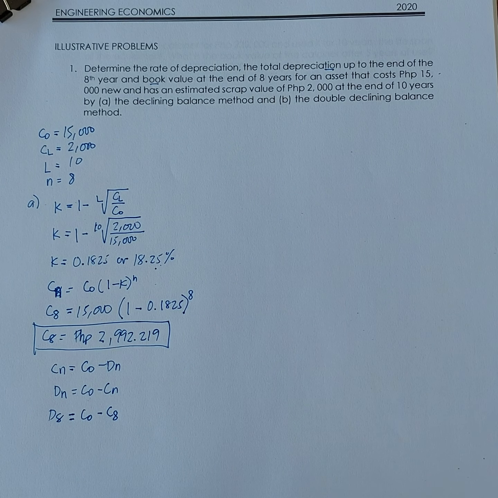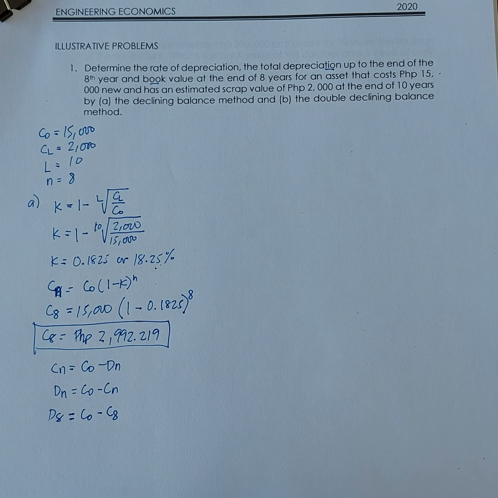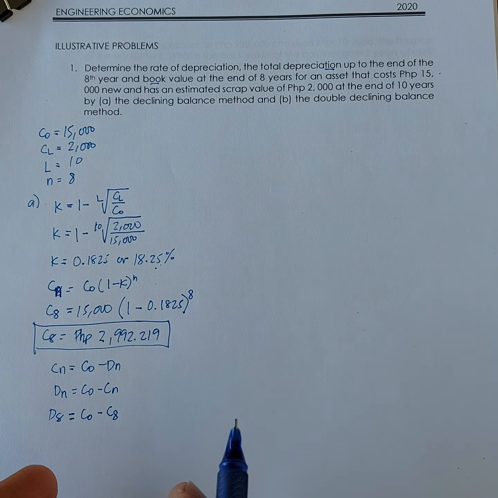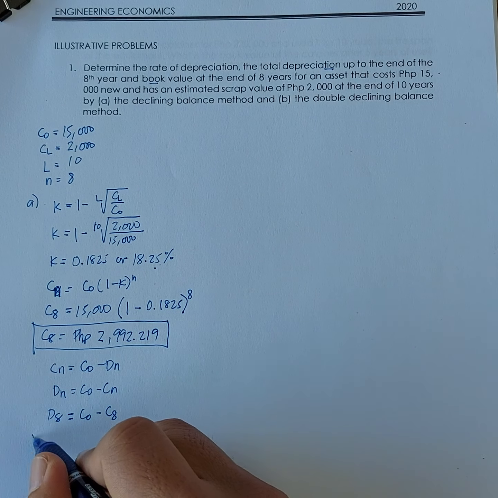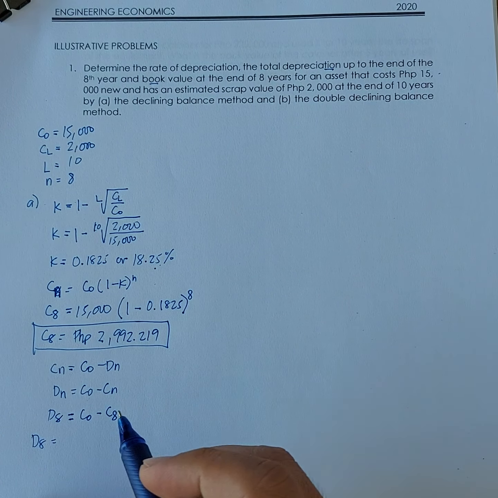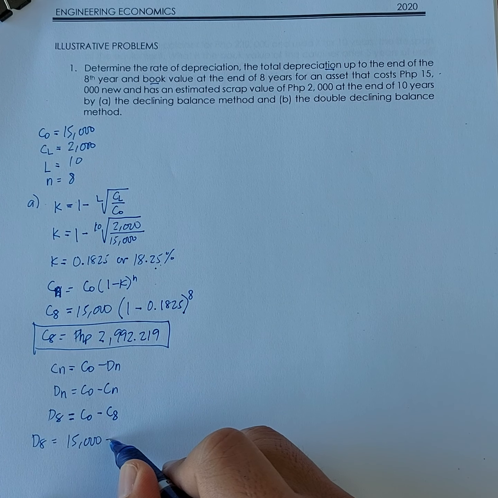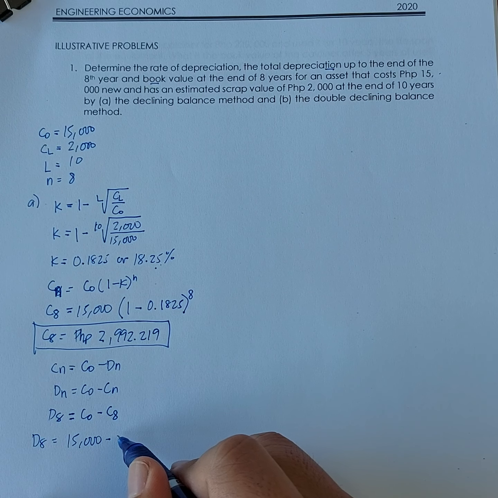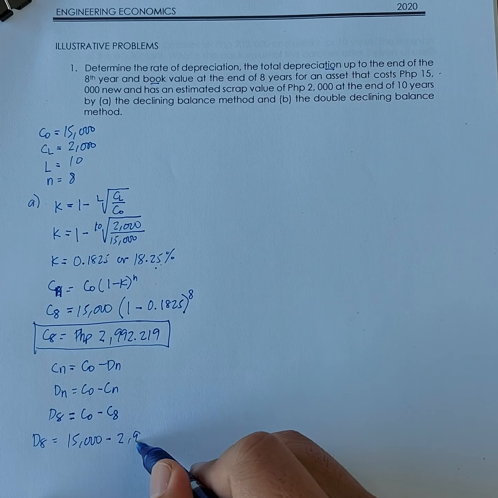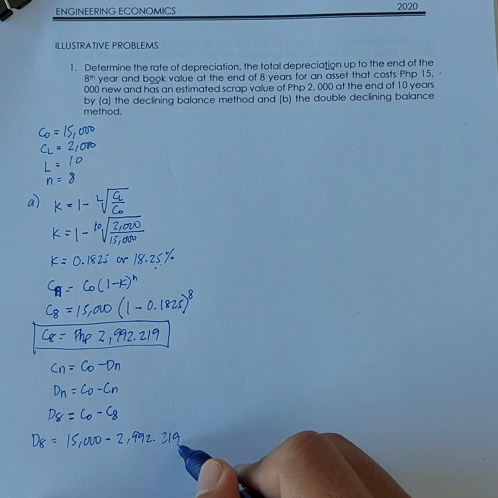So the accumulated depreciation on the 8th year is CO, 15,000, minus C8, which is 2,992.219.